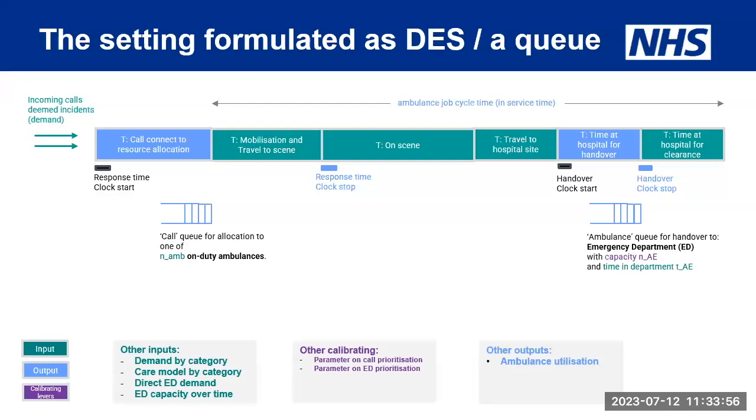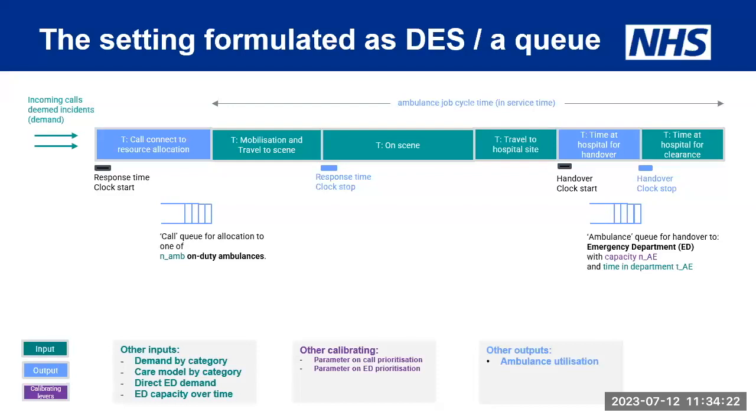So what is in our model the input? The inputs are the demand, by category and care model, as in do they need conveyance or not. Also those timings of travel to scene, time on scene, travel to site, and clearance. Those we draw from distributions. The number of ambulances can vary over time, and also the time in departments. Then in terms of output, on one side we have the handover.